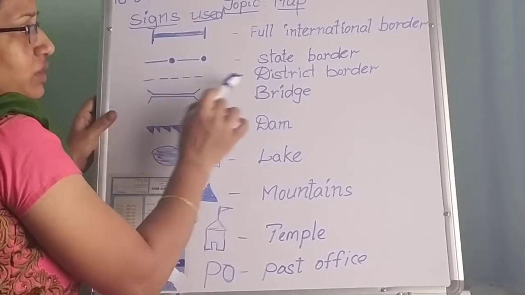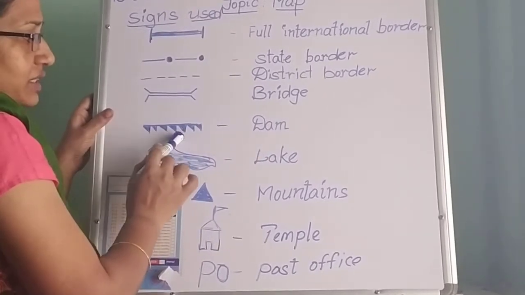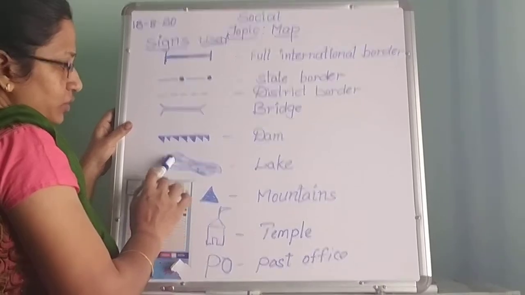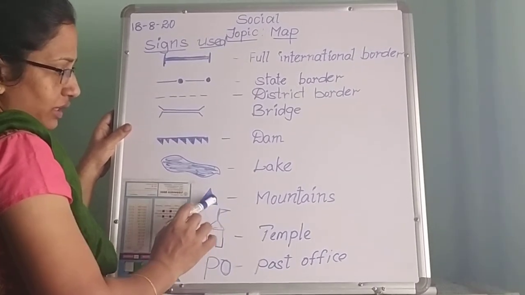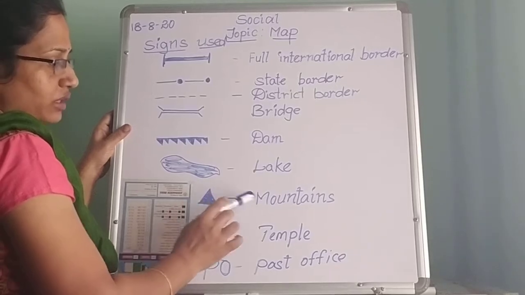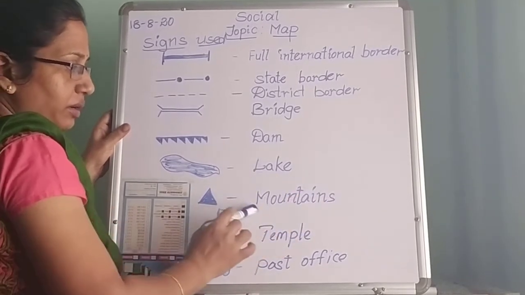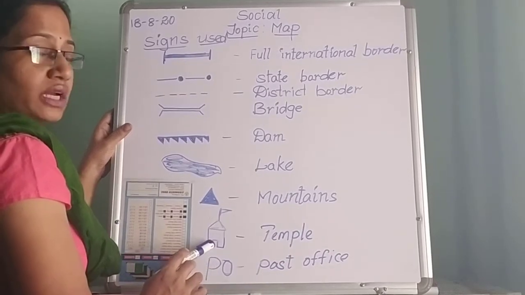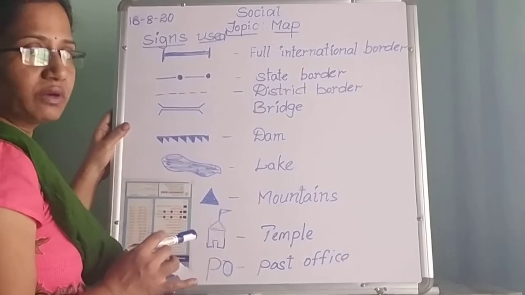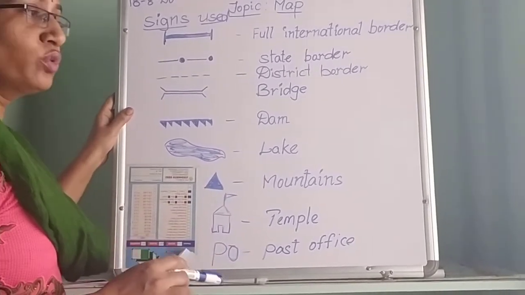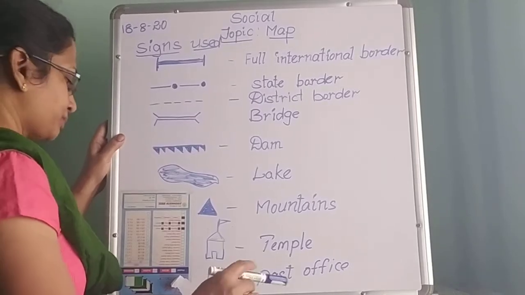This one shows a district border. This one is a bridge and this indicates a dam. Here is a lake. This one will be in brown color; it shows that on the map there are mountains. This one shows a temple. PO means post office. These are some of the symbols, and to know some more symbols you have to go through the textbooks.